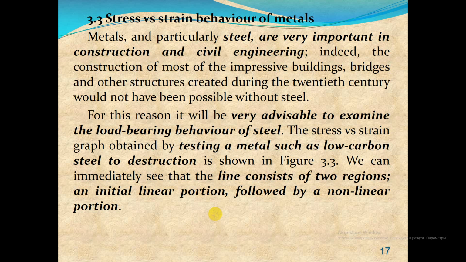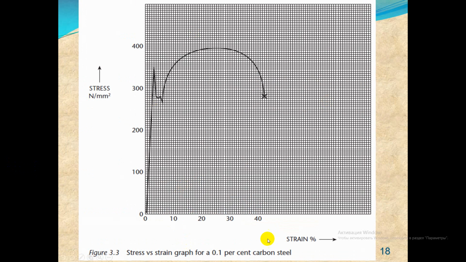The stress versus strain graph obtained by testing a metal such as low carbon steel to destruction is shown in the figure.